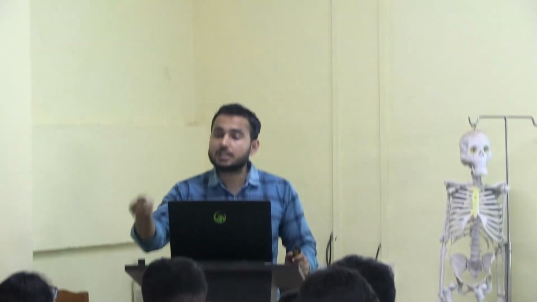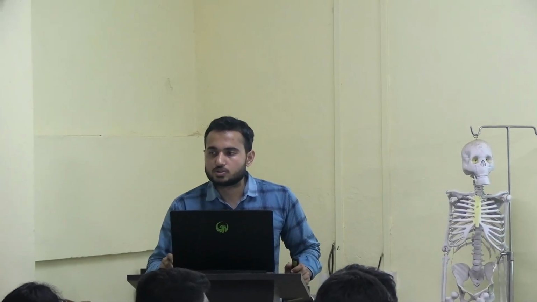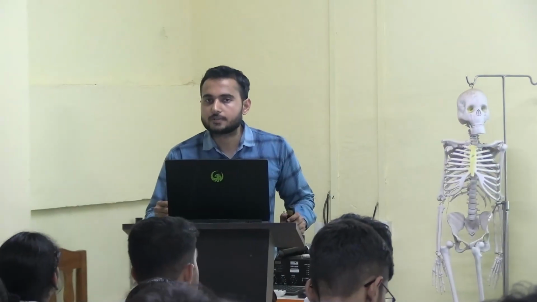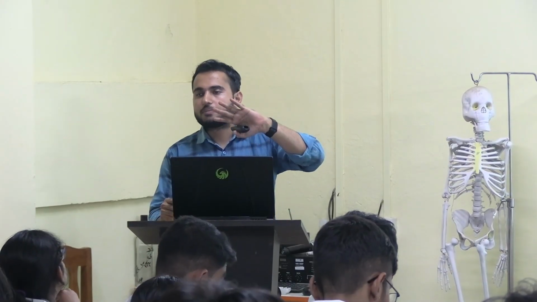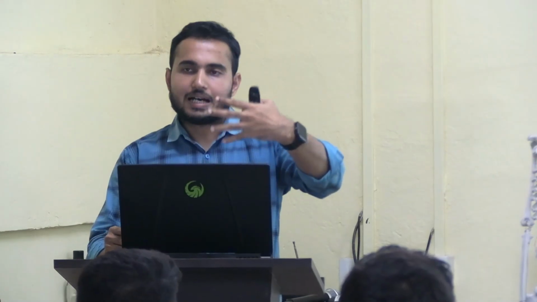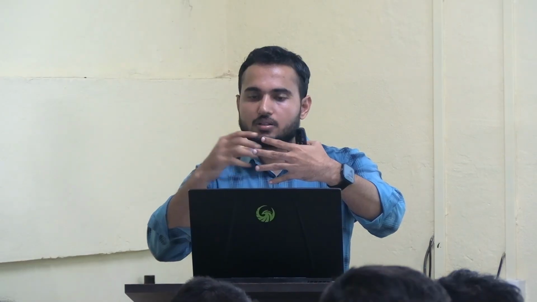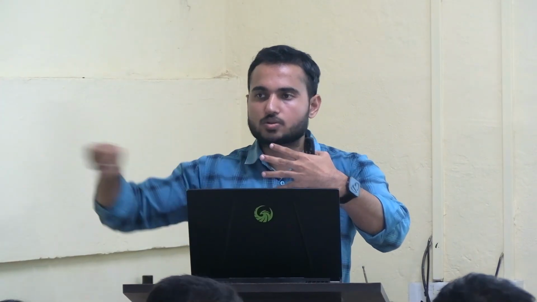Now the question is, how is the lymph formed? If you have noticed the capillary bed, it has an arterial end and a venous end. Blood is coming from the arterial end, passes through the capillary bed, and goes out through the venous end.